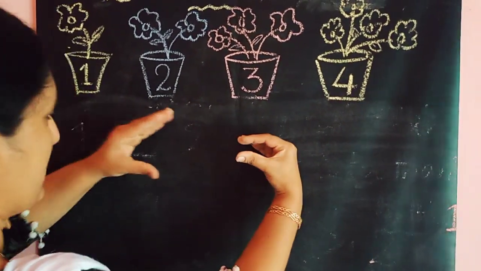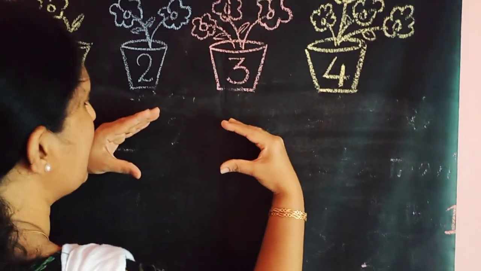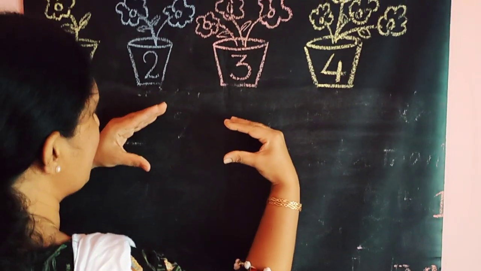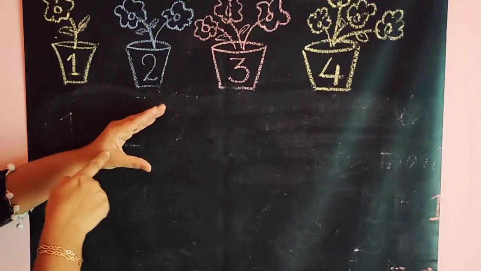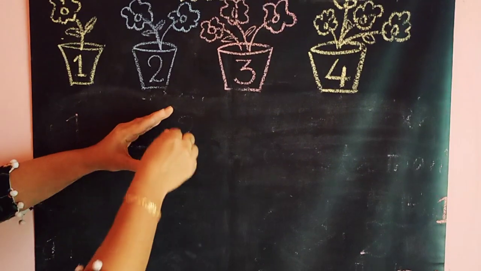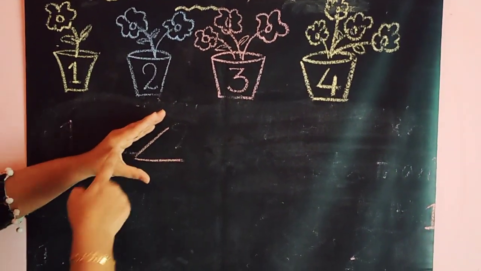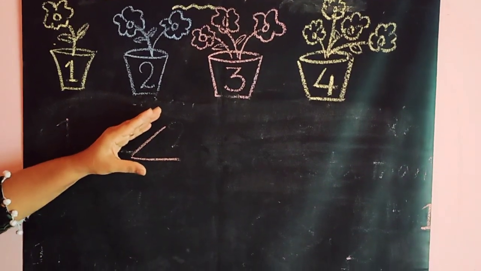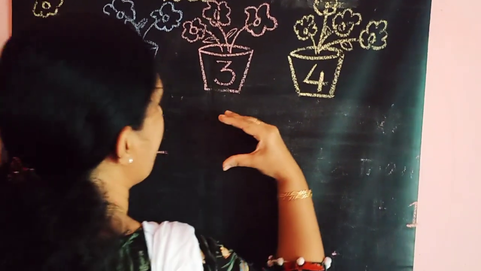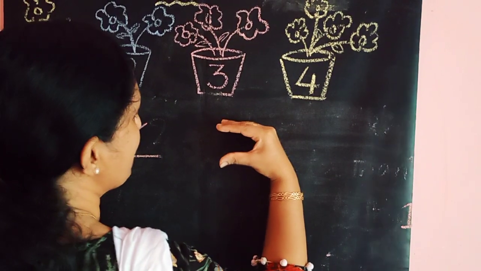Can you see the symbols here? Yes. In your left hand, the less than symbol is there, and in your right hand, the greater than symbol is there.